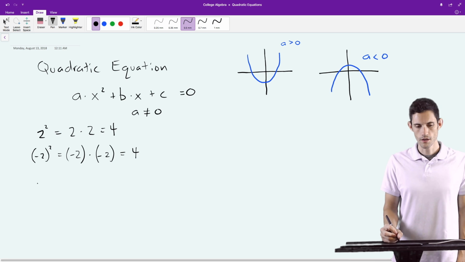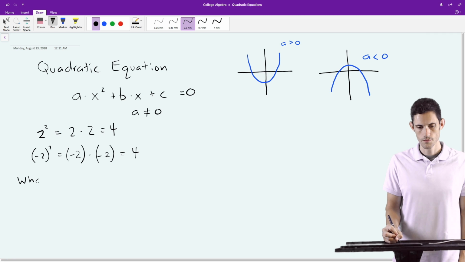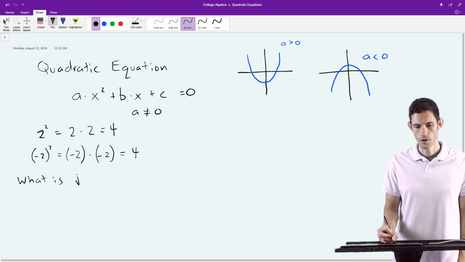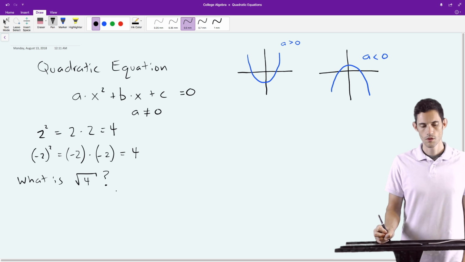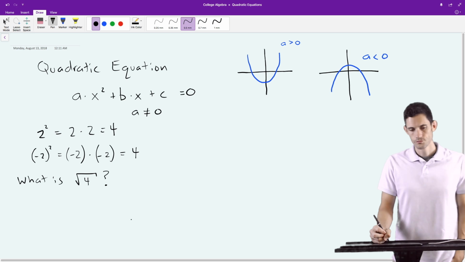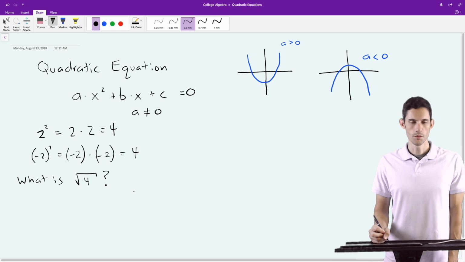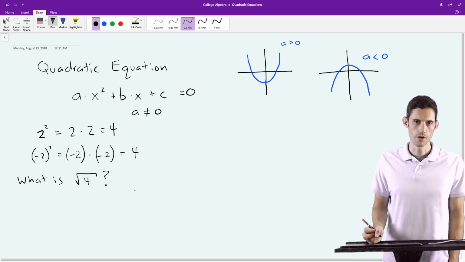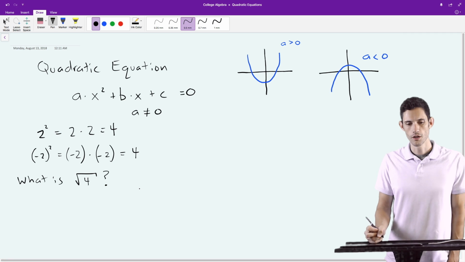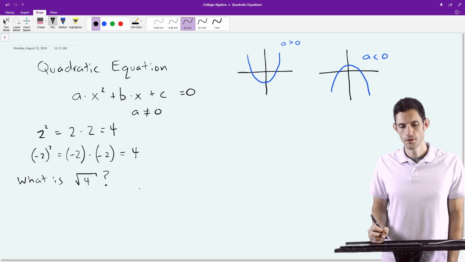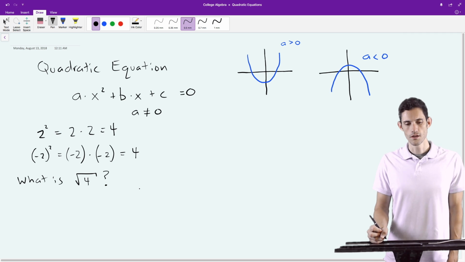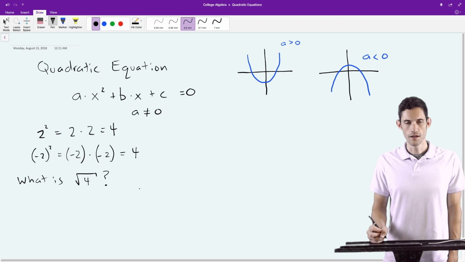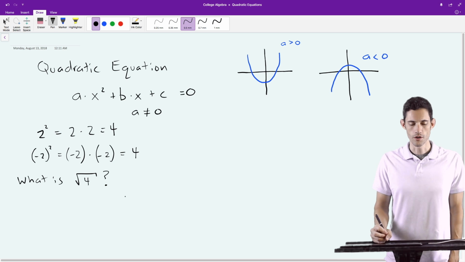So if I were to ask you the question, what is the square root of 4? Well, you would tell me the square root of 4 is 2, because 2 times 2 is 4. But I could tell you, negative 2 is also a square root, because negative 2 times negative 2 is also 4.